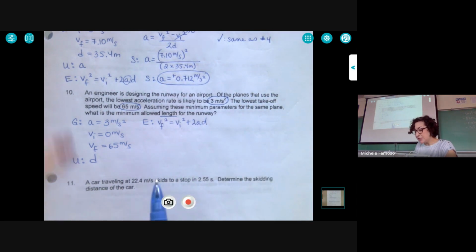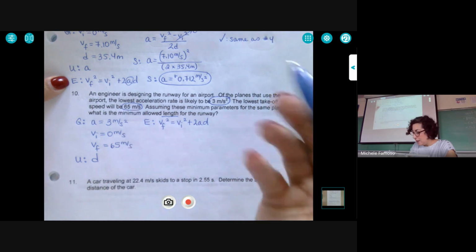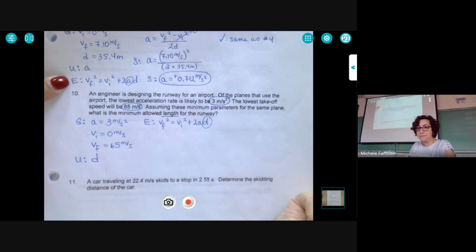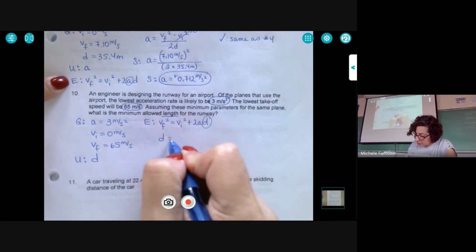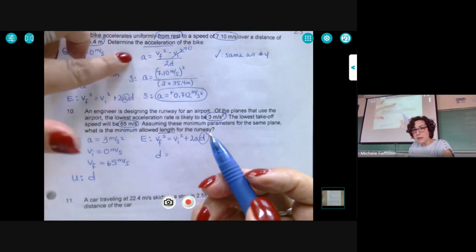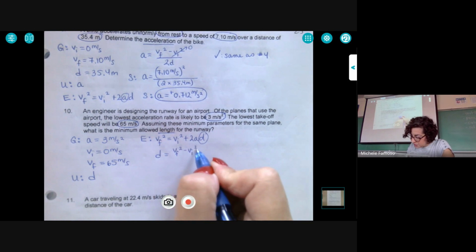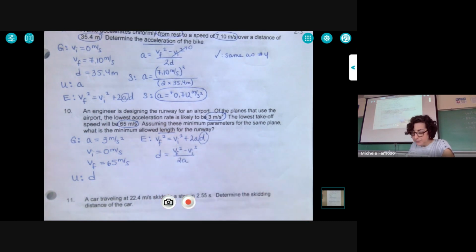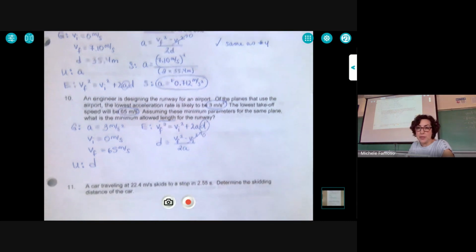Now, this is a lot like the last problem, except I don't want A, I want the D. So when I move this around for D, it looks just like what I had, but switch the A and the D. So D would be VF squared minus VI squared over 2A. And something's going to drop out at this point. What's going to drop out? The VI, so that's going to go away, so just ignore that.